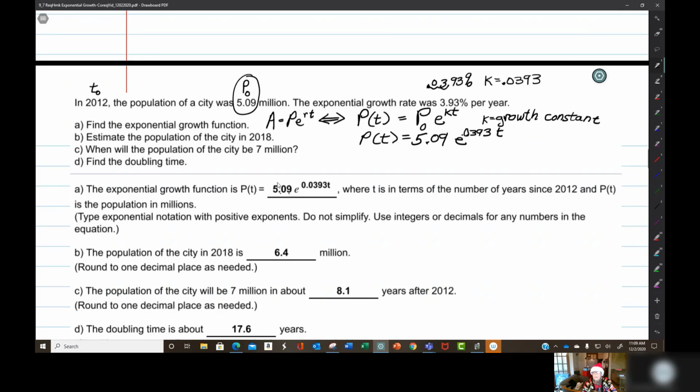And you calculated that the growth rate was 0.0393. And then that's going to be multiplied by however many years you're talking about. So the way that you find the specific growth formula is by just filling in the information into the general formula. So 5.09 goes there, and 0.0393 goes there. And that's what they did.